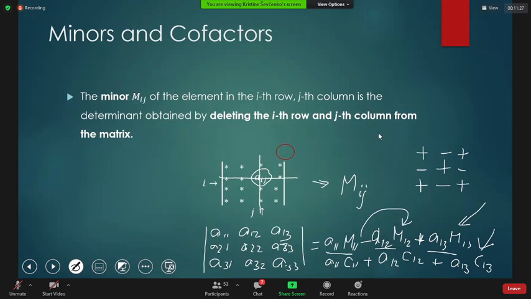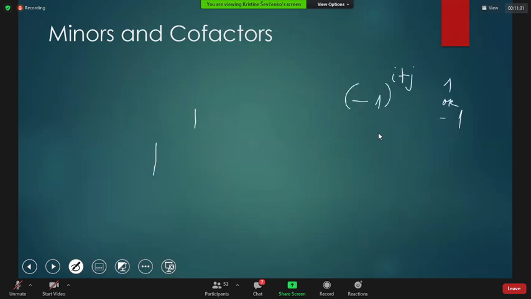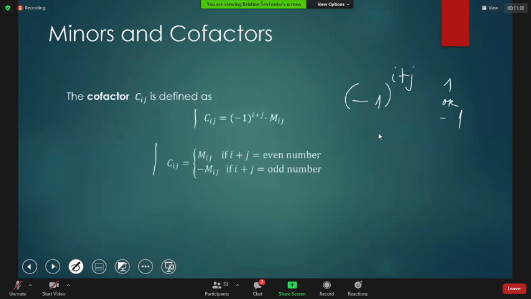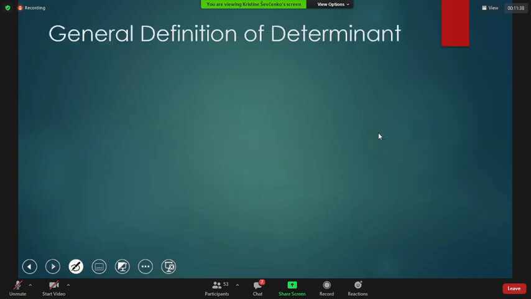I don't have to think about that. And so I can write, okay, this was this, yes, the cofactor thing. And moving on to the general definition of a determinant now.